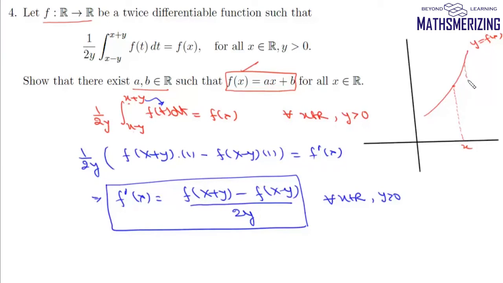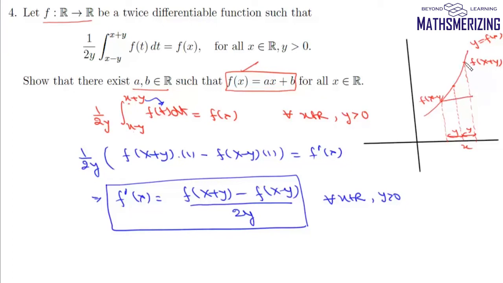Now we take up an interval of width y. So this width is y, and this point is f(x plus y). Here also we'll take this y length, and it will be x minus y. So this limit here will be f(x minus y).